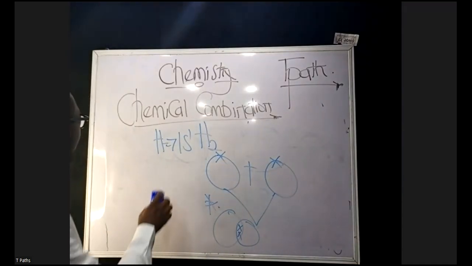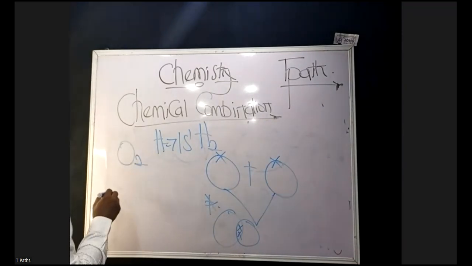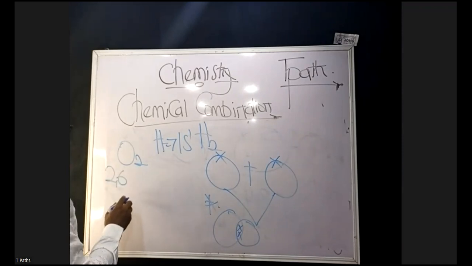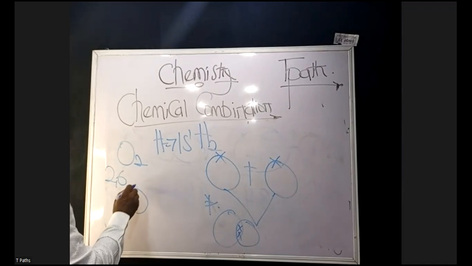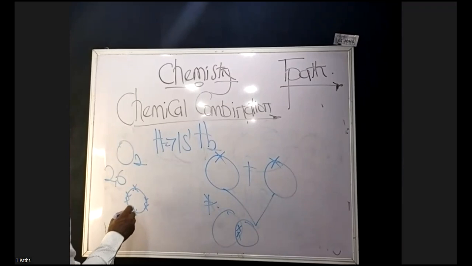Example of another one again is oxygen. If I have O2, O2 is 2,6. So how can they share? Fine, I have something like this. This is what we have naturally.